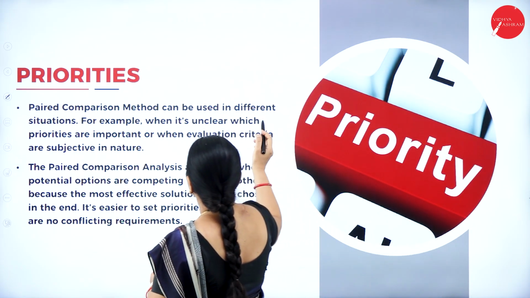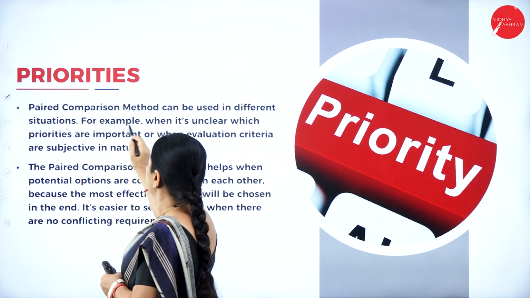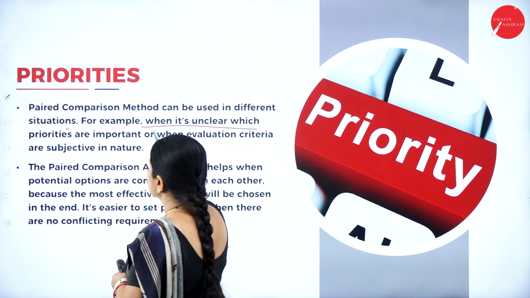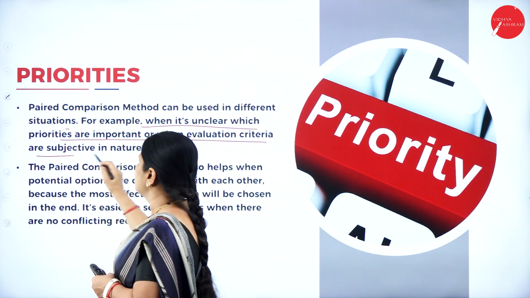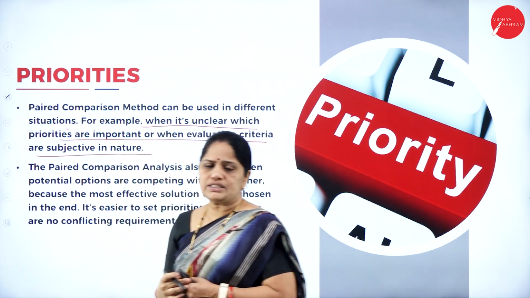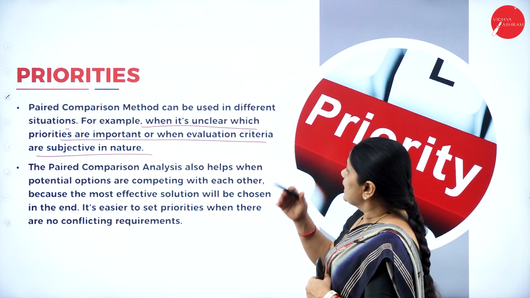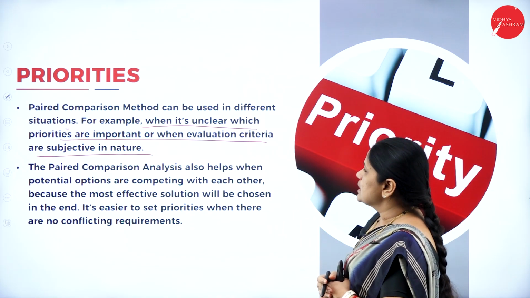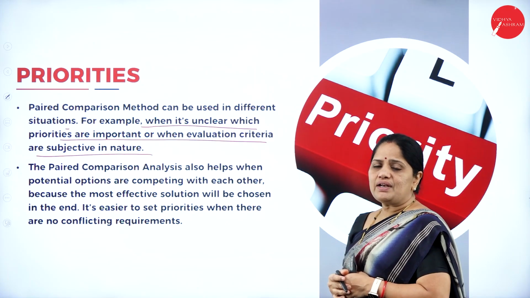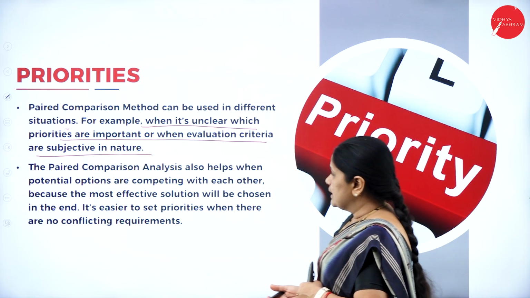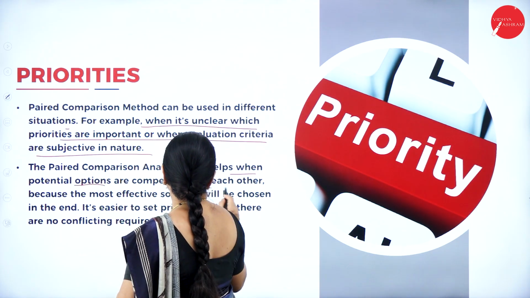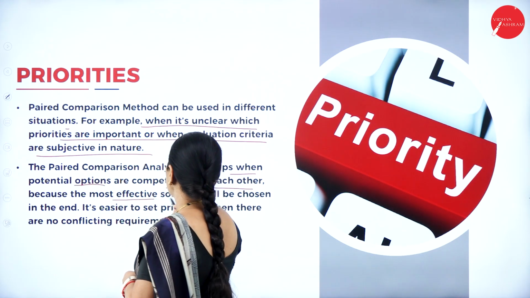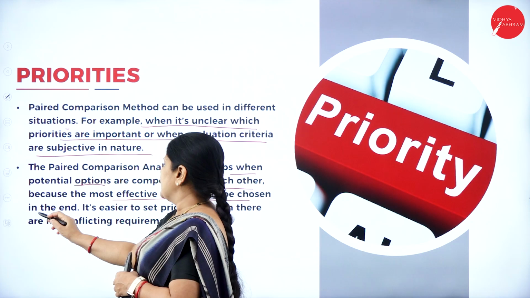Paired comparison method can be used in different situations. For example, when it is unclear which priorities are important or when evaluation priorities are subjective in nature. It also helps when potential options are competing with each other, because the most effective solution will be chosen in the end.